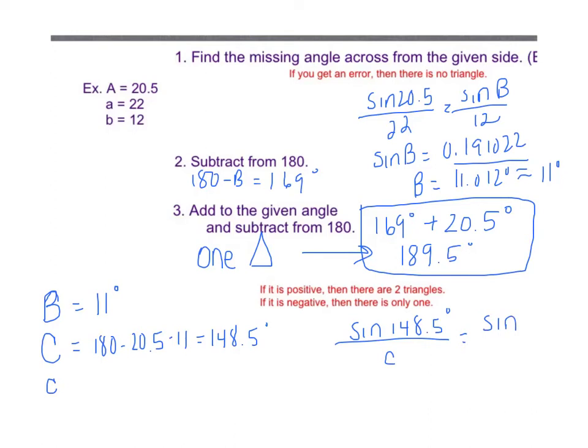I could use B, but since I rounded a little, I'm just going to go back to the original, 20.5 over 22. And when I do that problem, I'm going to do 22 times the sine of 148.5 divided by the sine of 20.5 to get 32.82. So I hope you'll check my math and make sure that that's correct.